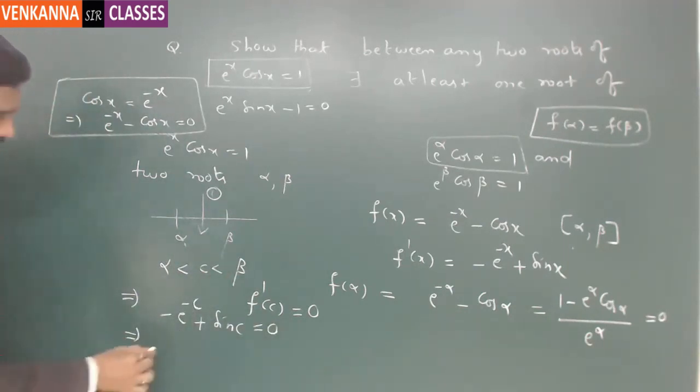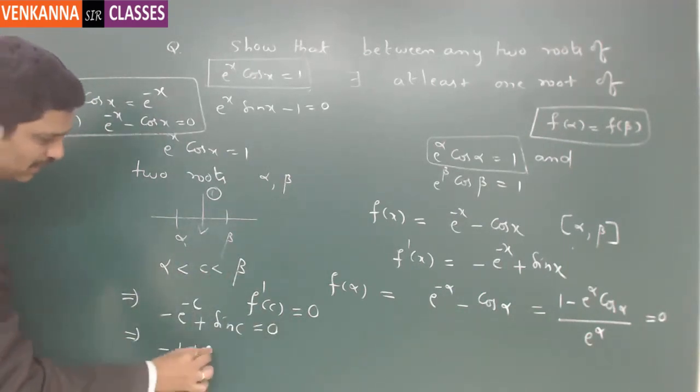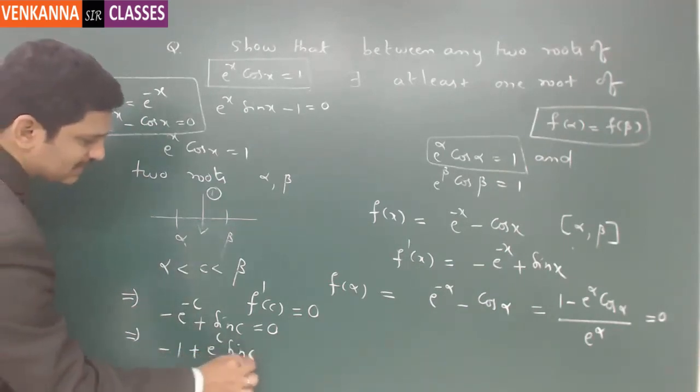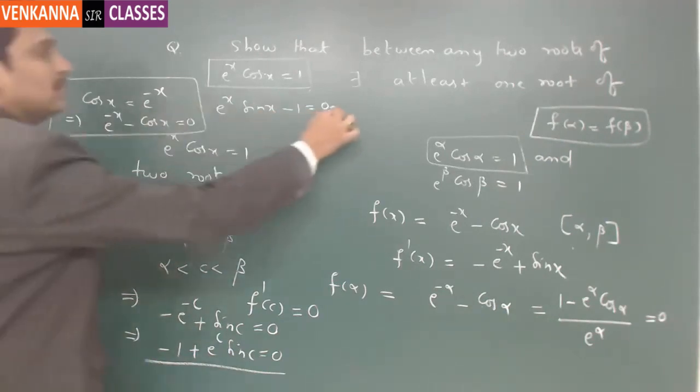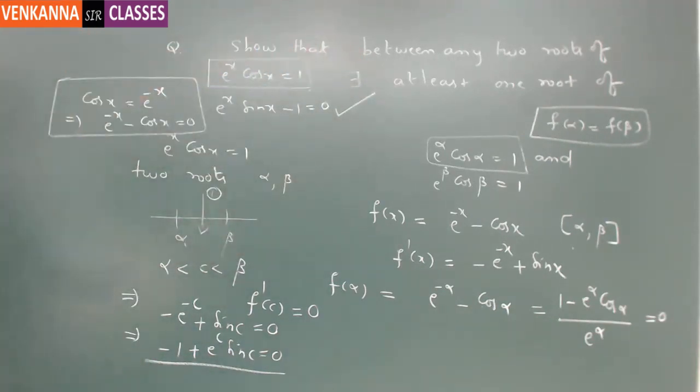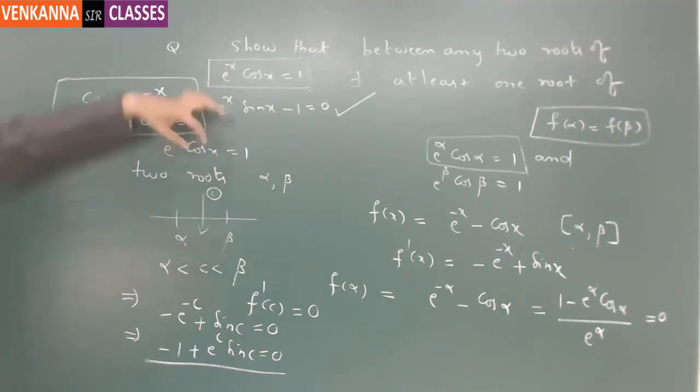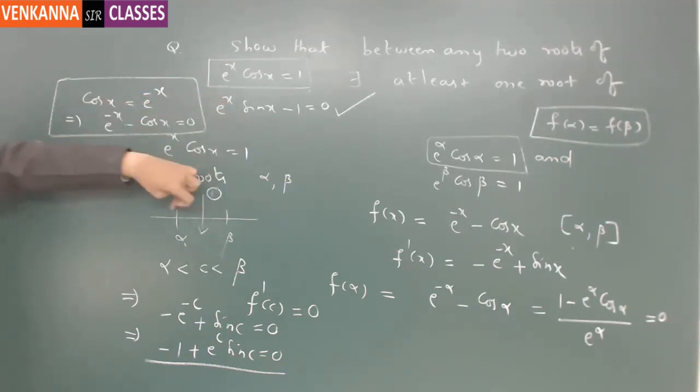So this gives minus 1 plus e power c sin c is equal to 0. So from this we can say that the respective root is achieved. So c is the root of the equation e power x sin x minus 1 equal to 0. So whenever you take two roots alpha beta for this equation, between them you can find at least one root of the other equation. Is the part clear?